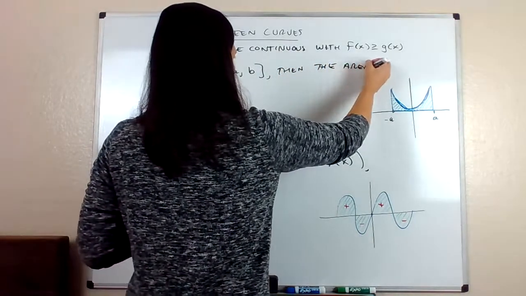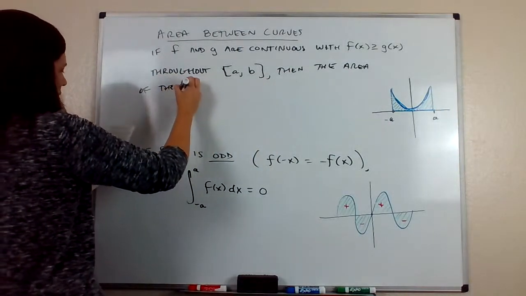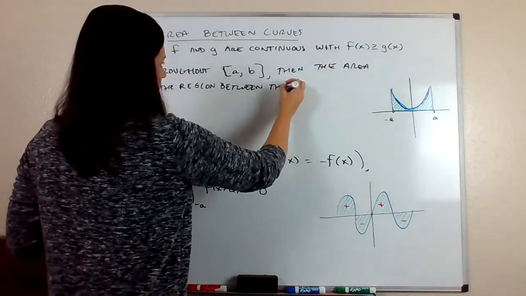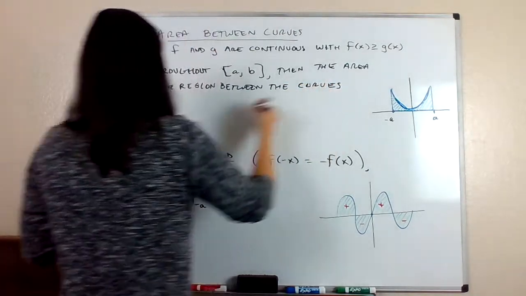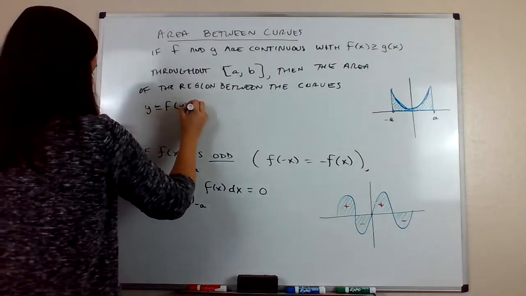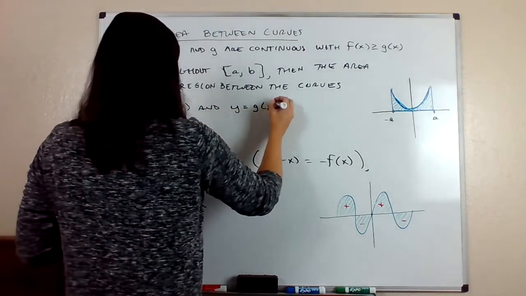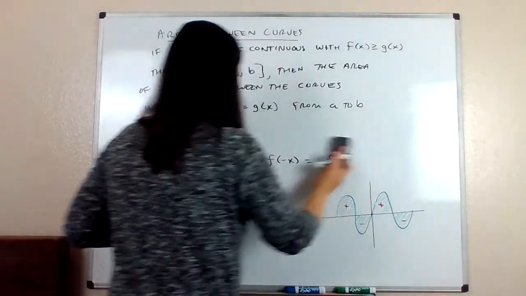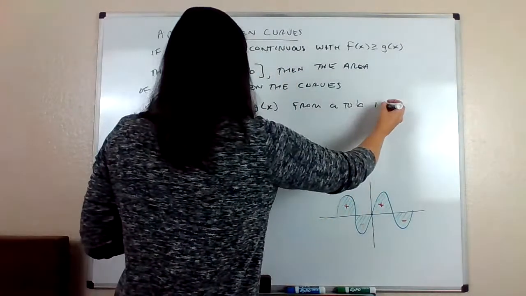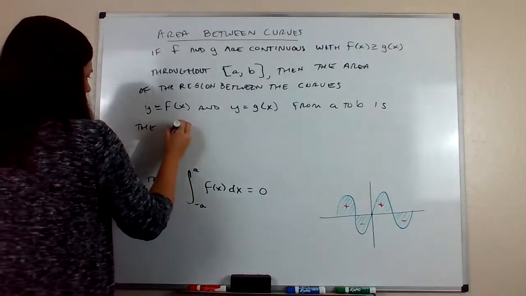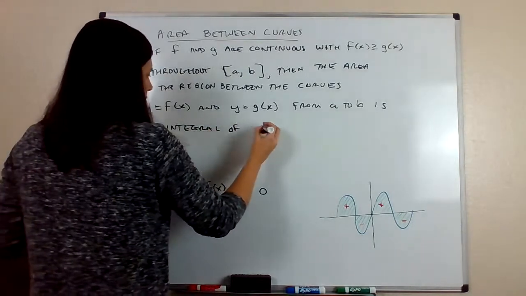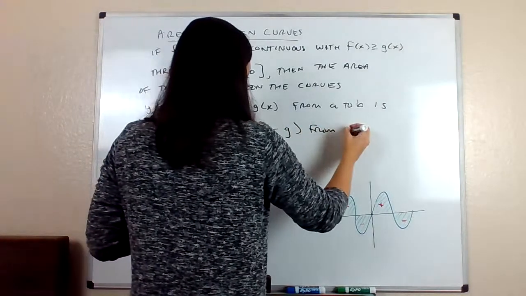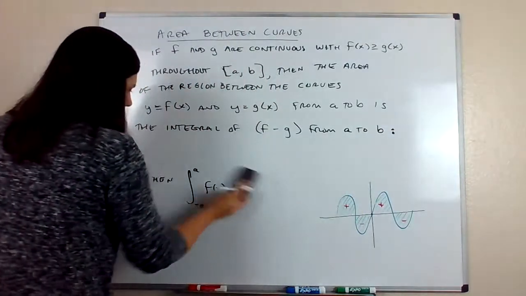then the area of the region between the curves y equals f of x and y equals g of x, from a to b, is the integral of f minus g from a to b, which looks like the following.